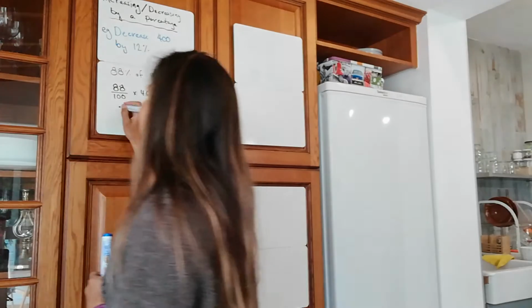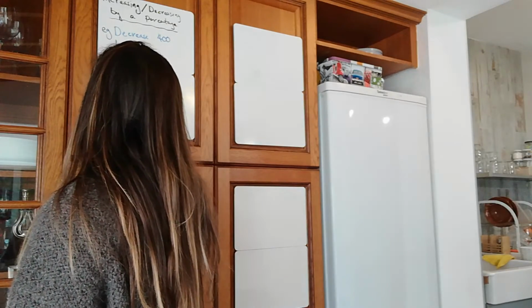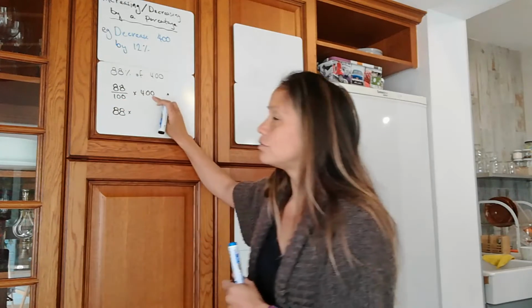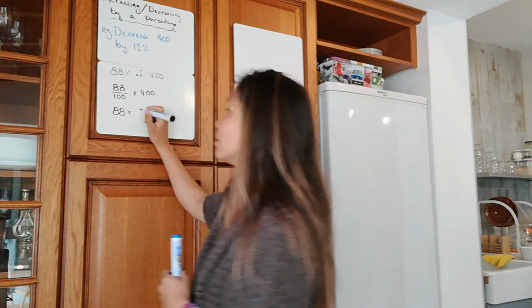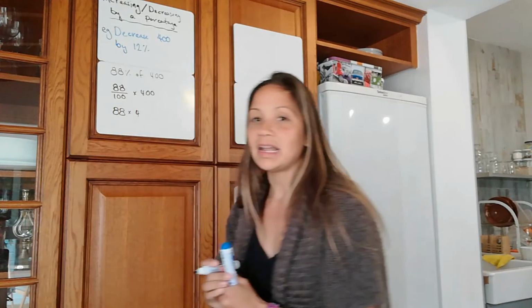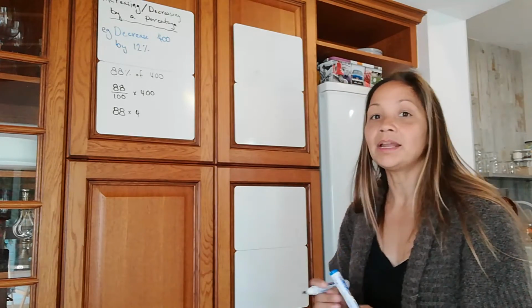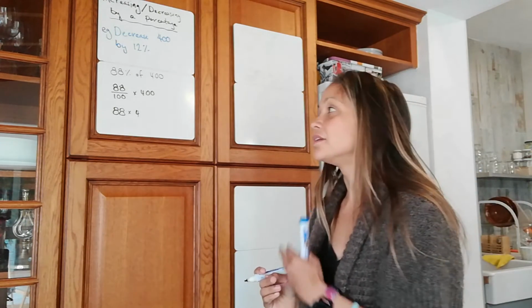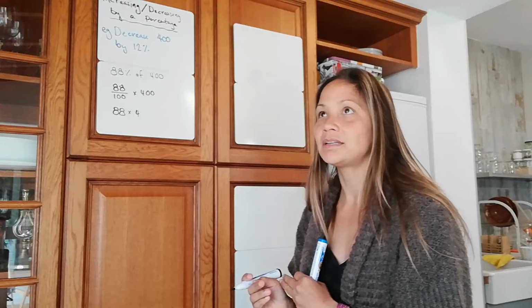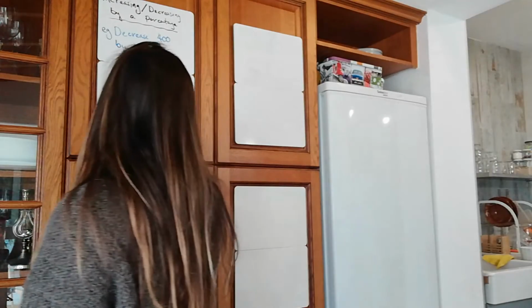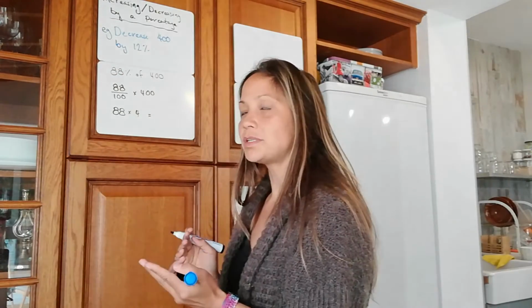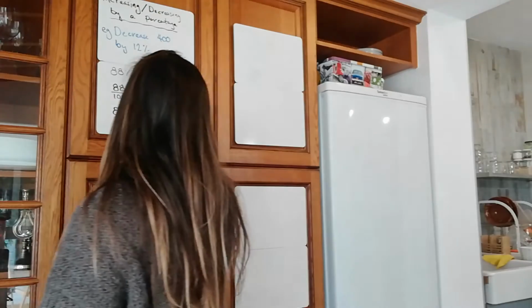So I'm going to do 88 multiplied by 400 divided by 100, which is just 4, and 88 times 4. Now I know 8 times 4 is 32, so 80 times 4 is 320. So 88 times 4, 320 plus 32, 352.